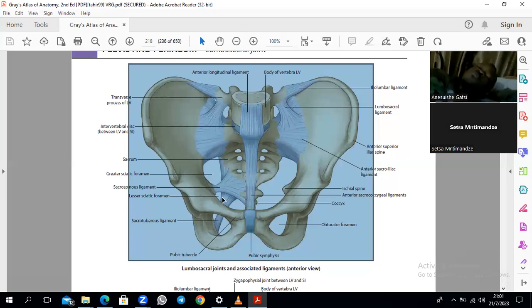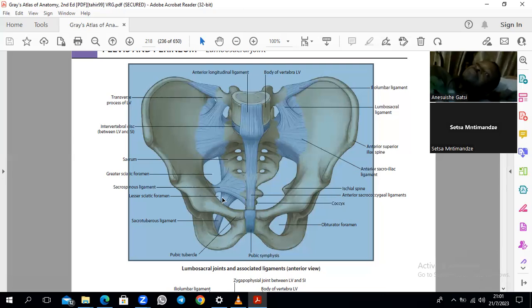So the piriformis will pass through the greater sciatic foramen, right? Then lateral pelvic wall, there's a muscle, which is obturator internus. So this obturator internus passes through the lesser sciatic foramen. So each foramen is a muscle. Piriformis, greater sciatic. Obturator internus, lesser sciatic.